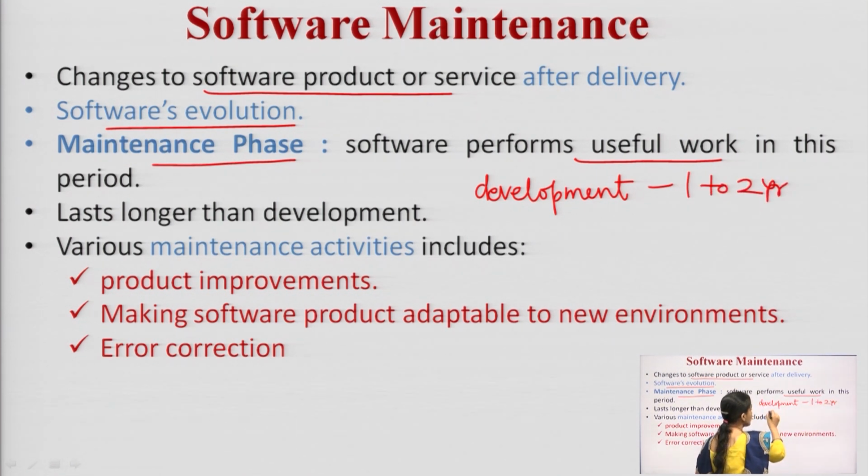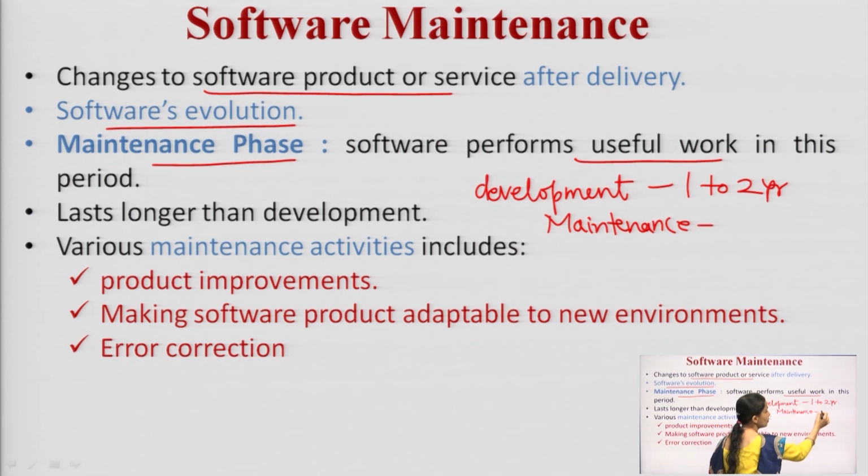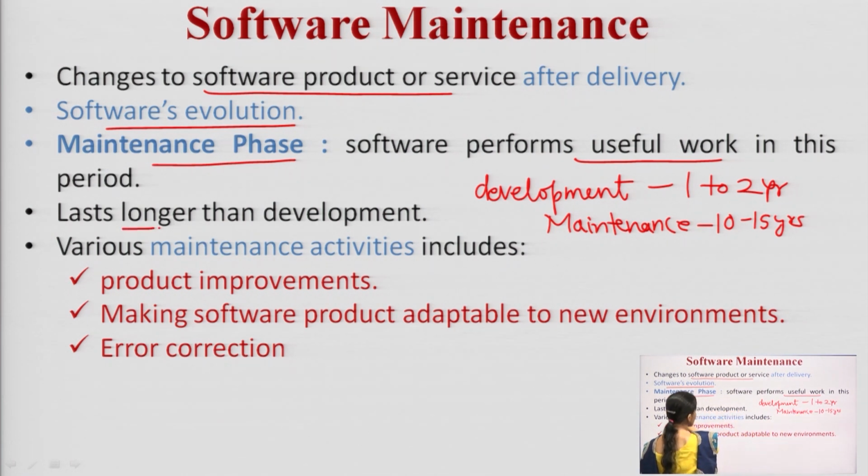But once the software is deployed and becomes operational, every company wants it to continue for the near future, so this maintenance phase is near about 10 to 15 years. That clearly shows that it lasts longer than the development period.